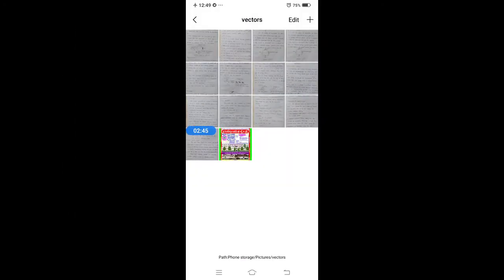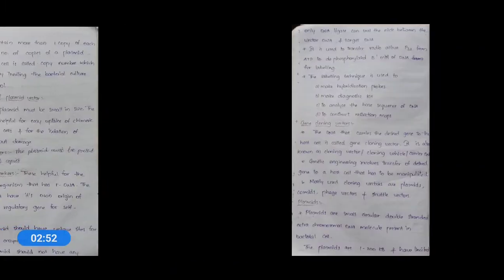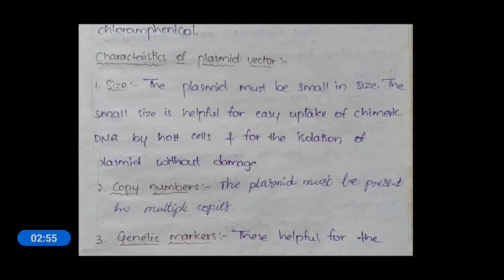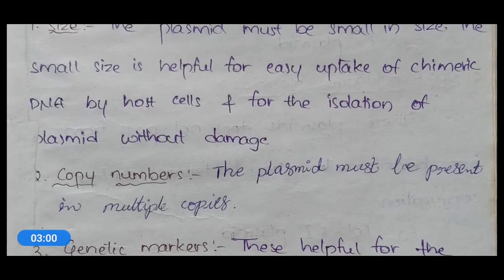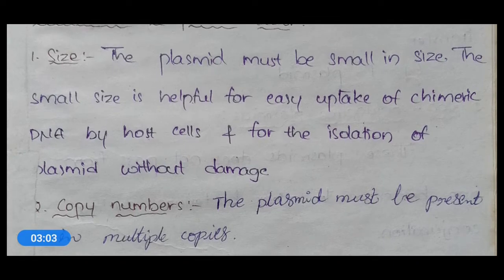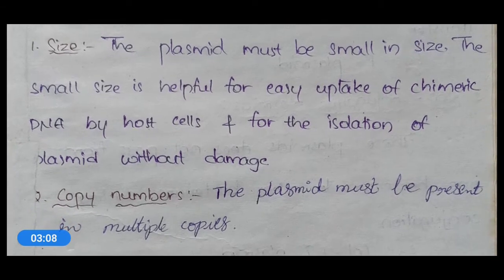If you see the characteristics of these plasmid vectors, size, copy number and genetic markers are the important characteristics. So how do these characters help in the use of plasmids as vectors?